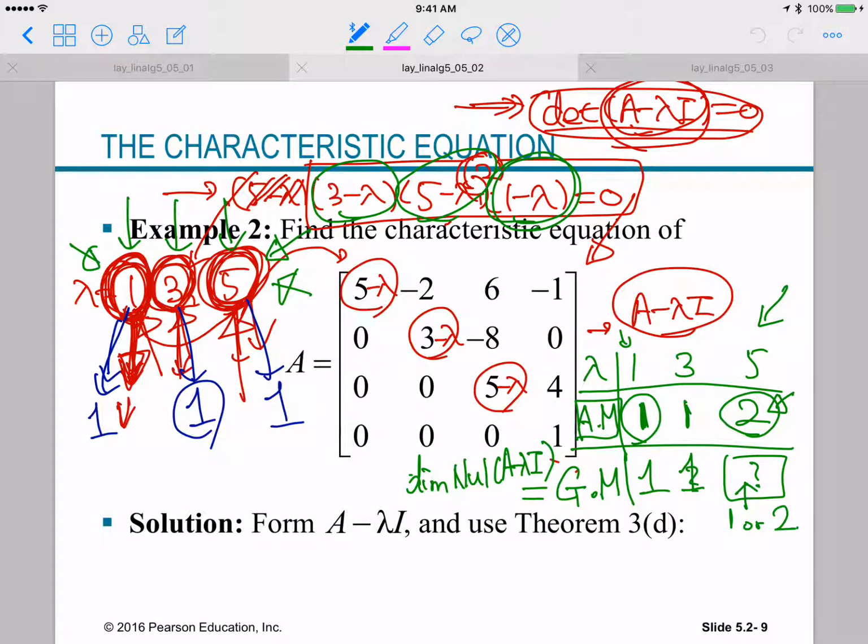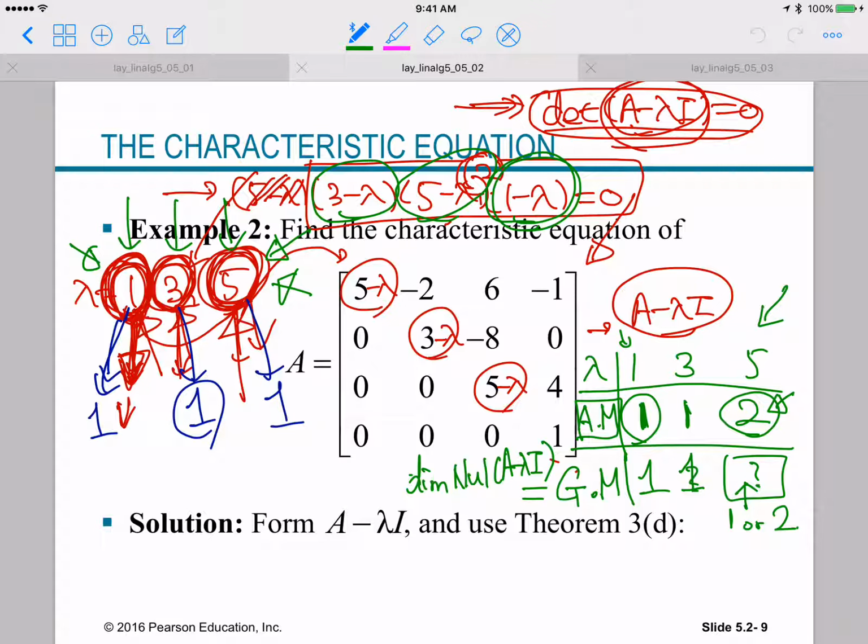But your matrix P is formed by using eigenvectors as the columns of the matrix, right? That means you have to find 4 linearly independent eigenvectors.